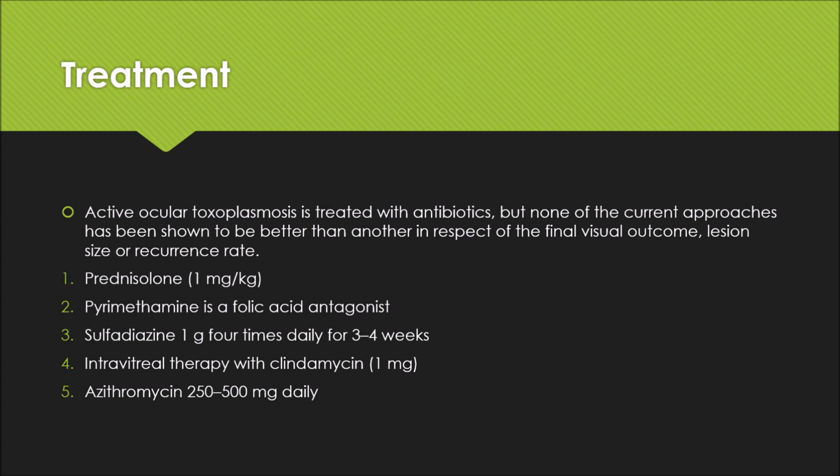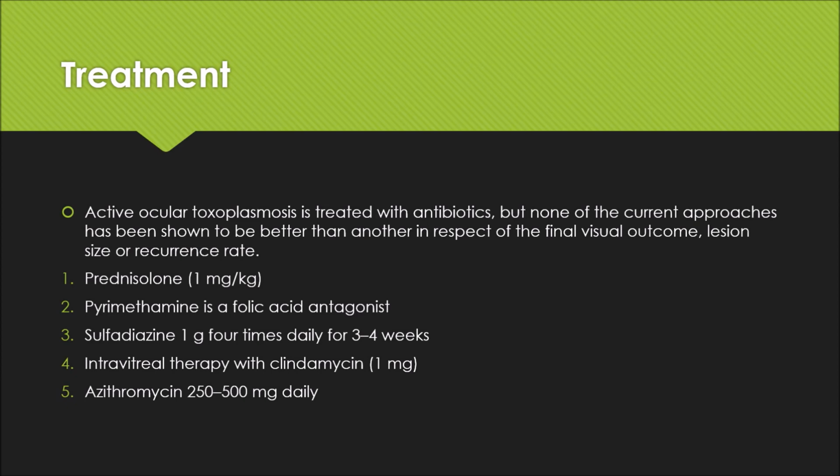Then is azithromycin 250 mg to 500 milligrams daily, which shows evidence of reducing the rate of recurrence of retinochoroiditis, and its use in combination with pyrimethamine, folinic acid and prednisolone is a promising new regimen.